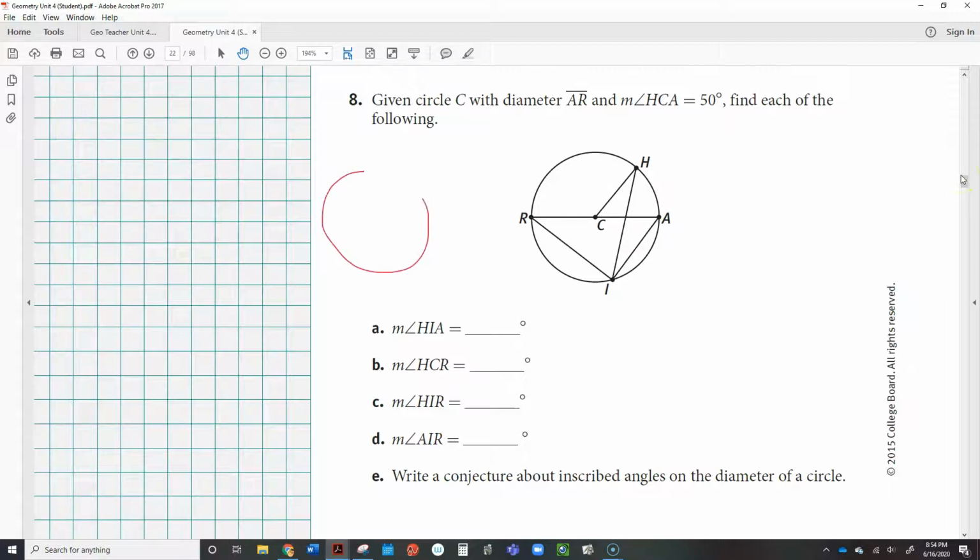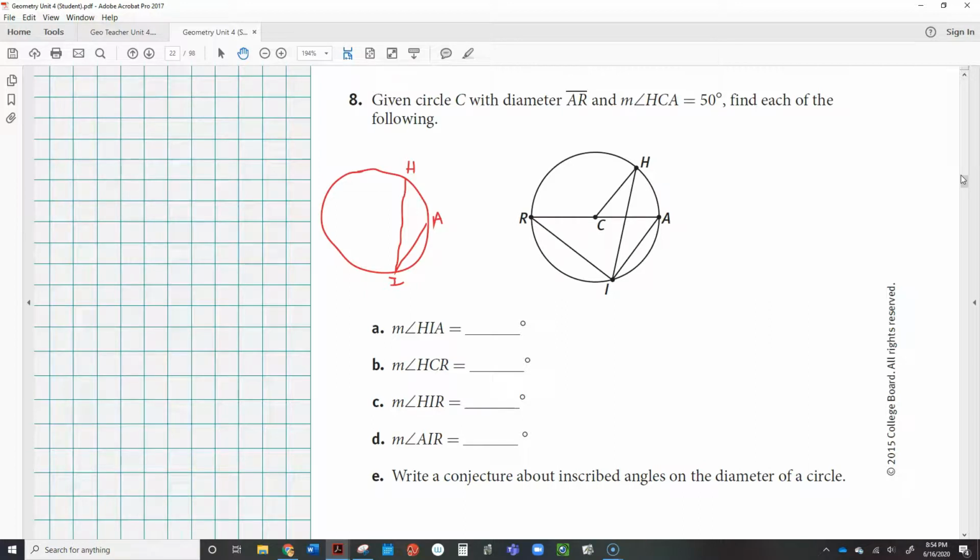So let me draw the circle again. And I'm going to do A. Looks like it's at about the center of the circle. It comes down and then it goes up. Okay, so there's HIA. It's so much easier to see now that that's gone.